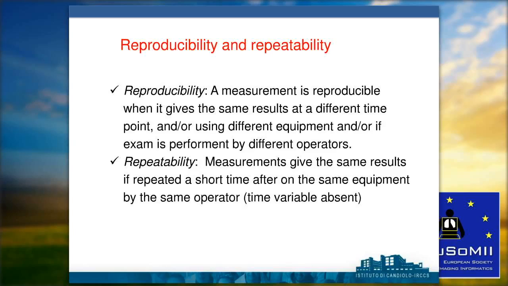When I talk about reproducibility, I mean that the measurement has to give the same results at different time points, for example using different equipment, or if the exam is performed by different operators. Repeatability means giving the same results if they are repeated a short time after on the same equipment by the same operator. These are the things.